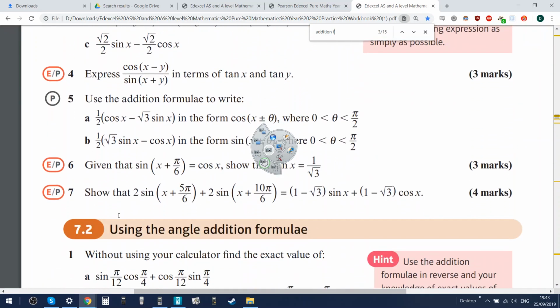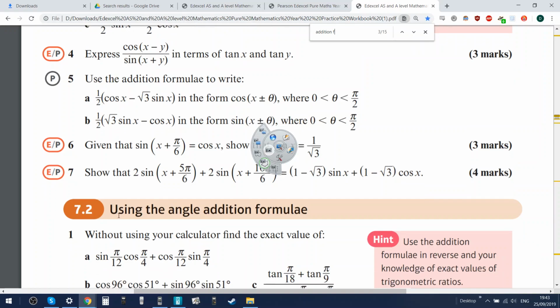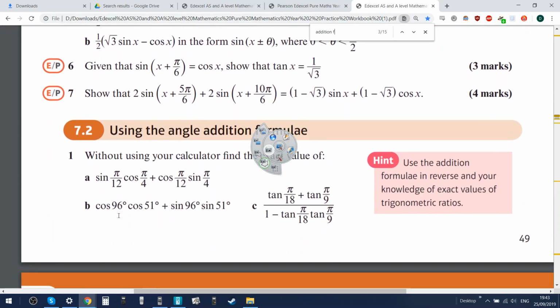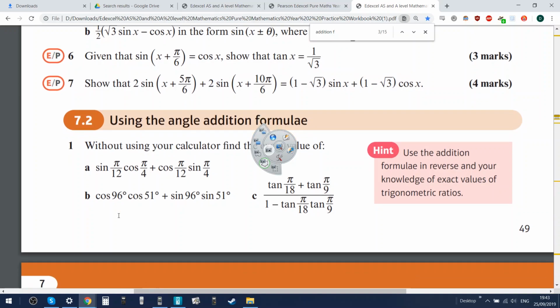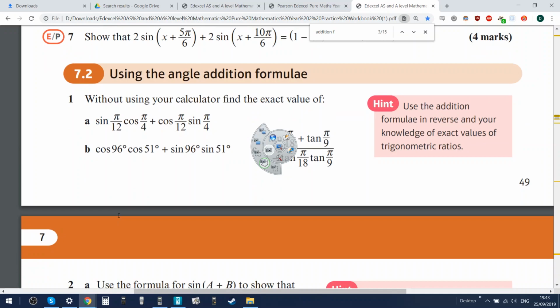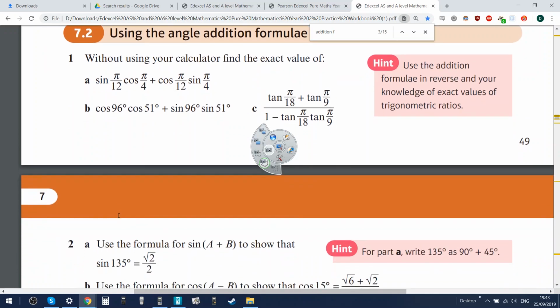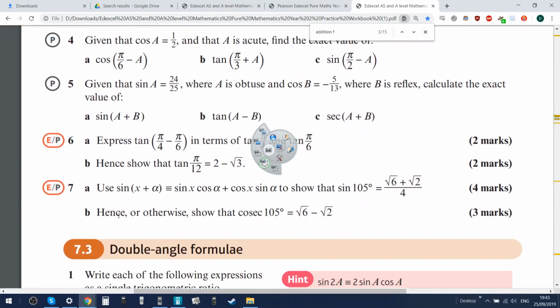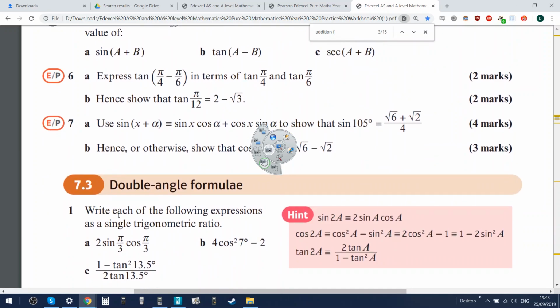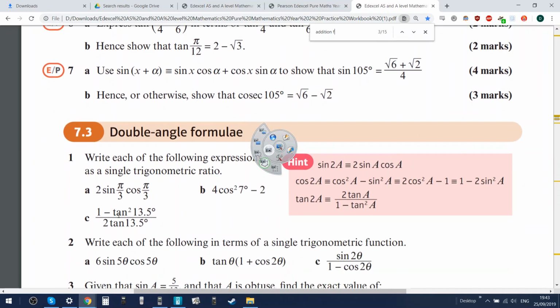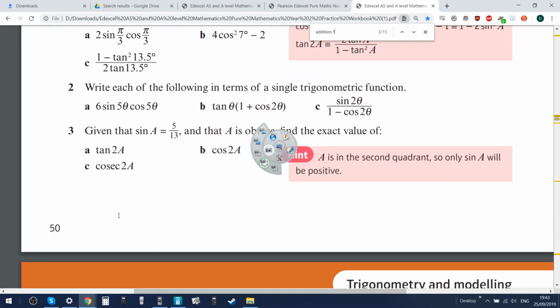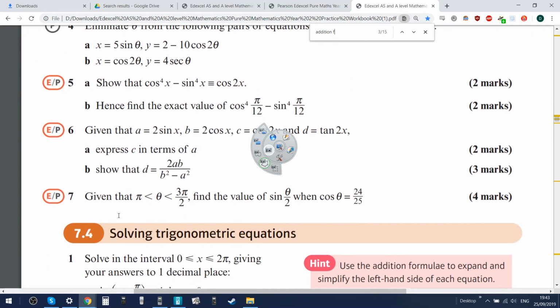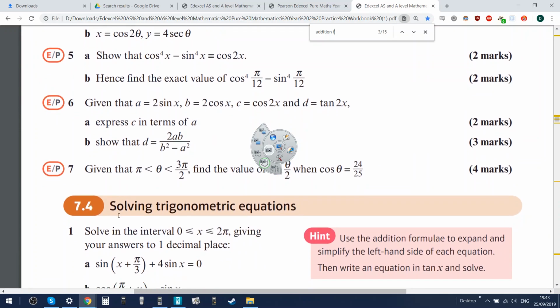So I'm just going to go to here. Let's give it that sin x. Show that using the angle addition formulae. Sin x plus alpha. Double angle formulae. Just want to find the exact value.